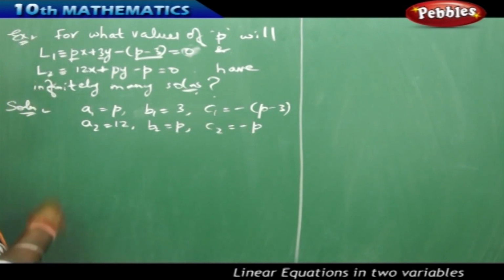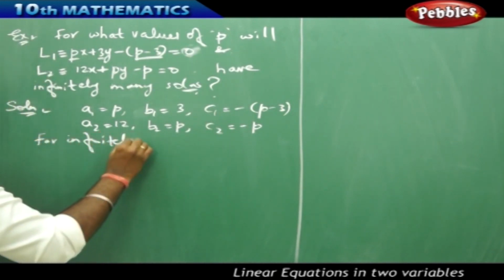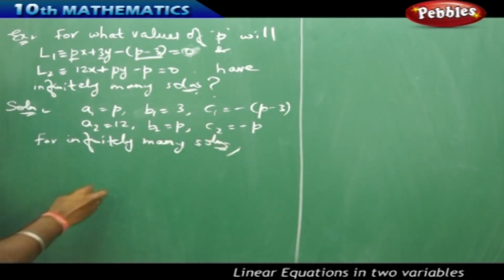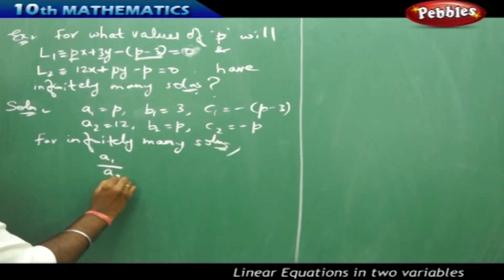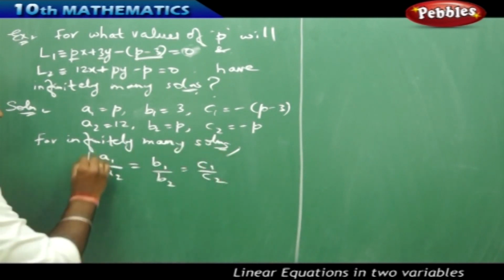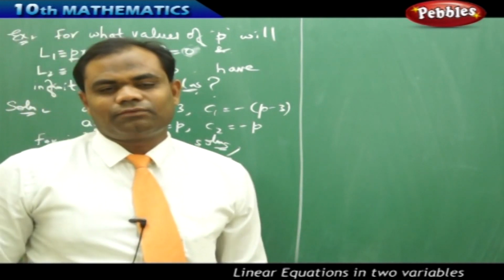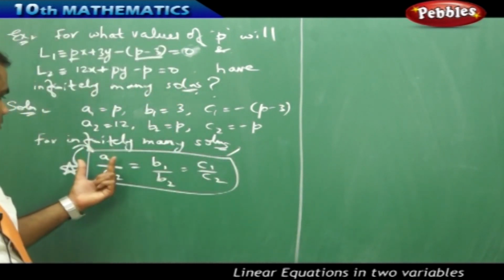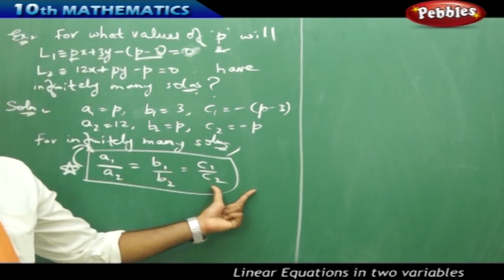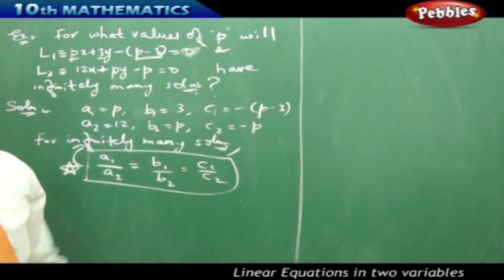Now for infinitely many solutions, I have the condition A1 by A2 is equal to B1 by B2 equal to C1 by C2. Therefore, let's substitute each of A1, B1, C1 and A2, B2, C2 in this formula and then identify the value of P, which is the question.